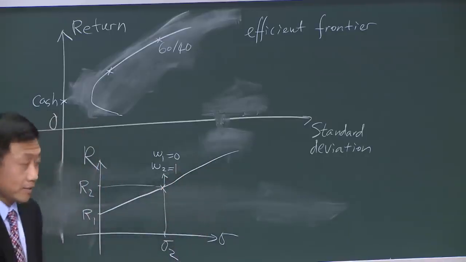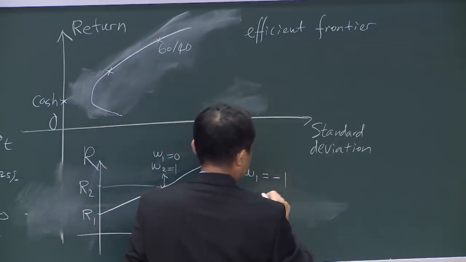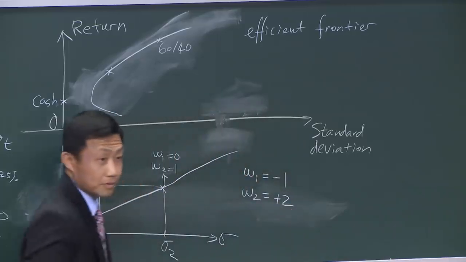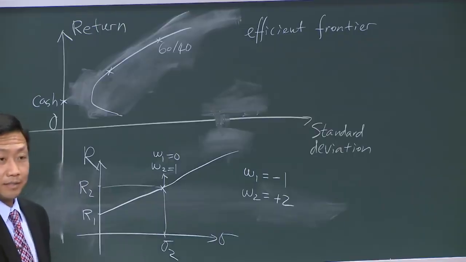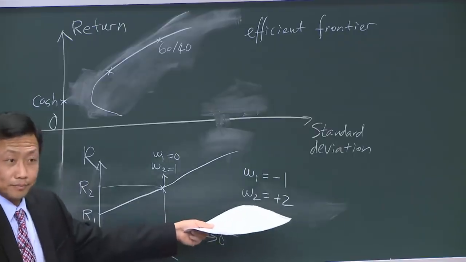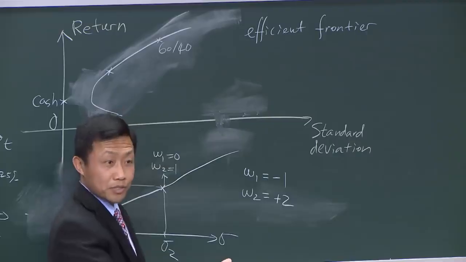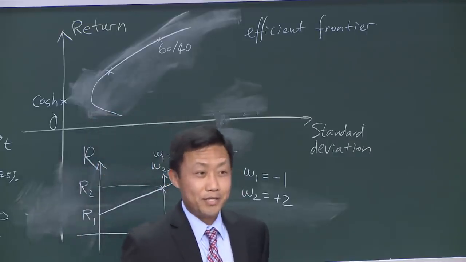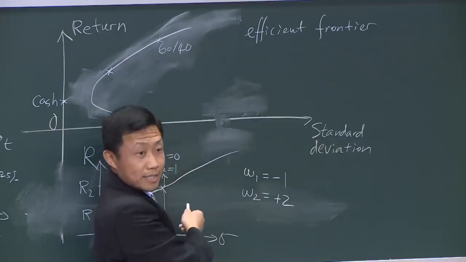What does that mean? So, okay, let's say, can we have W1 equal to minus 1, W2 equal to plus 2? So they still add up to 100%. But what's negative 1 mean? Borrow, right? So you went short cash 100%. You borrow money, you borrowed 100% of cash, then put into to buy equity or whatever, risky assets here.